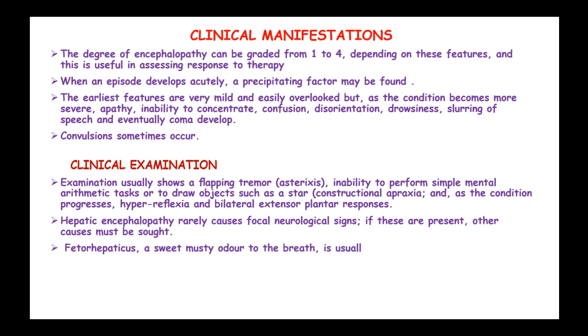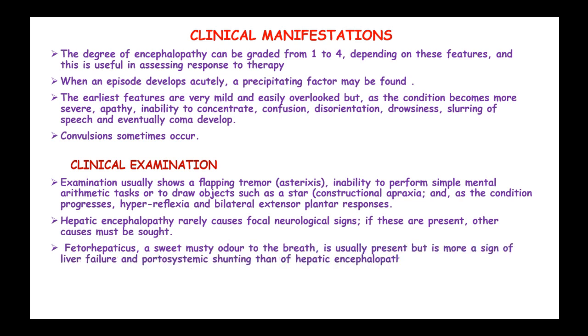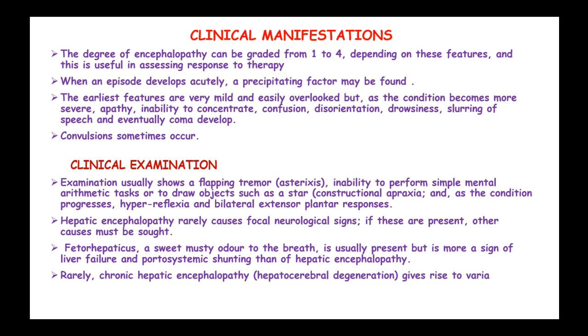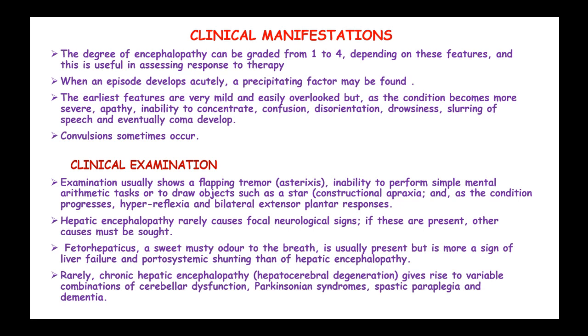Fetor hepaticus or a sweetish musty odor to the breath is usually present but is more a sign of liver failure and portosystemic shunting than of hepatic encephalopathy. Rarely, a chronic hepatic encephalopathy known as hepatocerebellar degeneration gives rise to variable combinations of cerebral dysfunction, Parkinsonian syndrome, spastic paraplegia, and dementia.